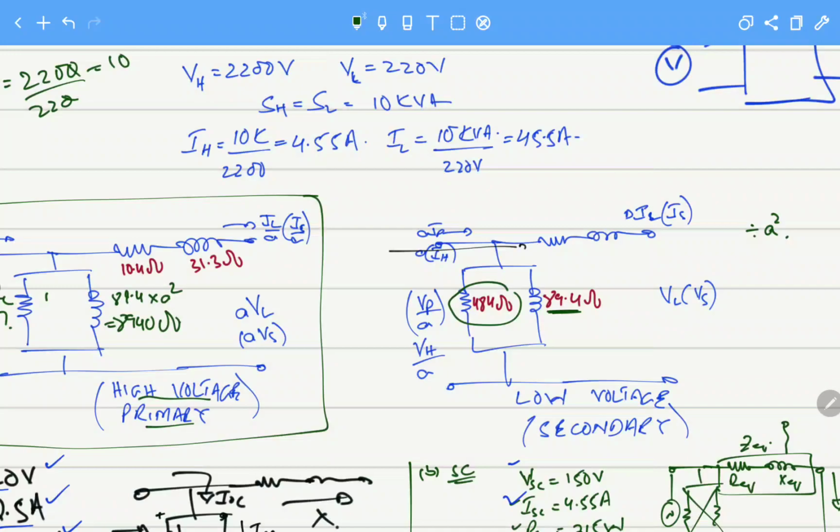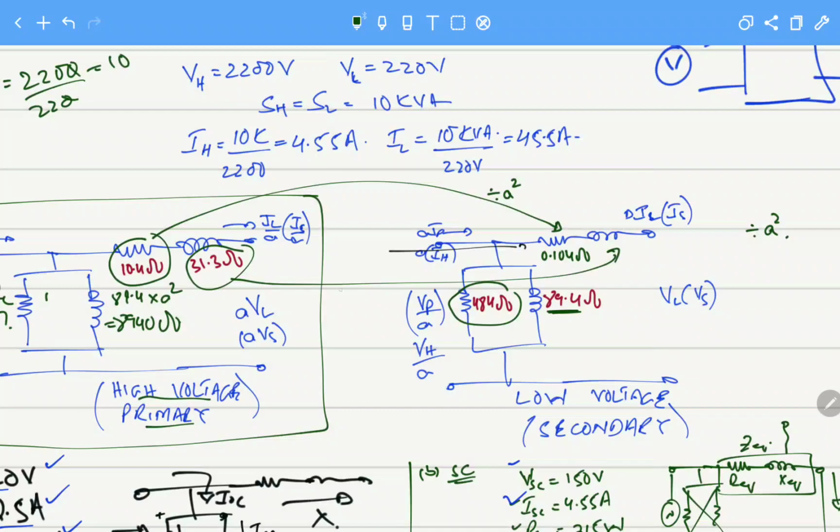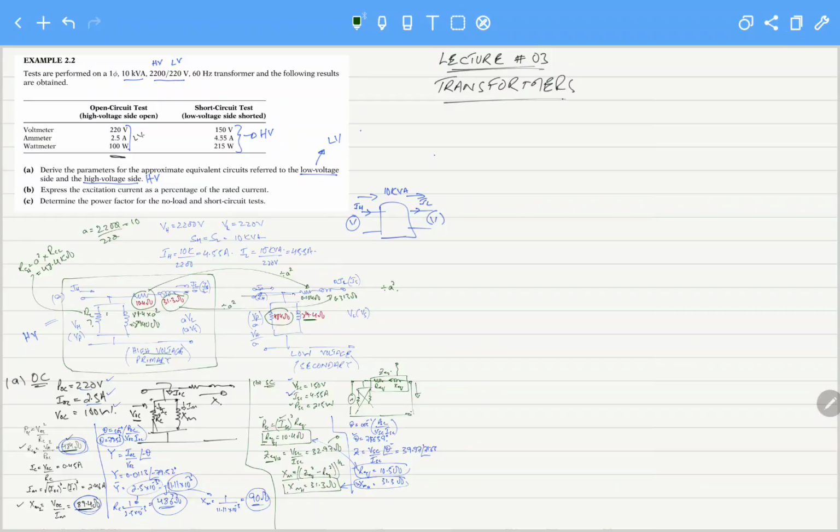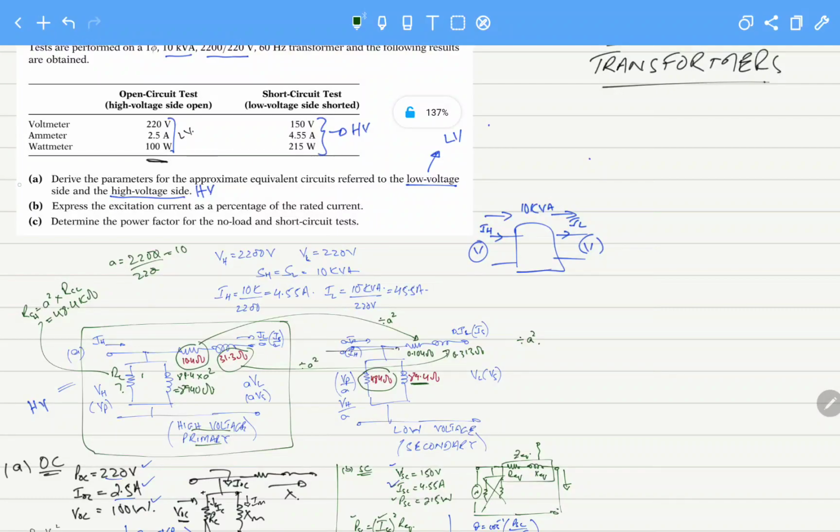This value will be divided by a square, and this will become 0.104 ohms, and this value will be divided by a square, and it will become 0.313 ohms. So by this we have solved part A.